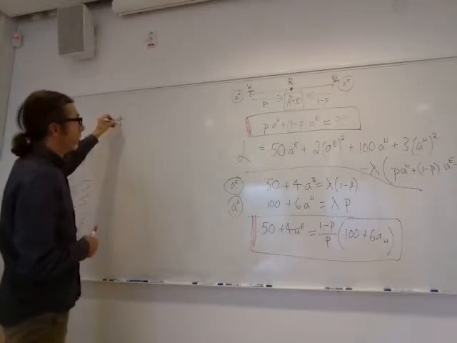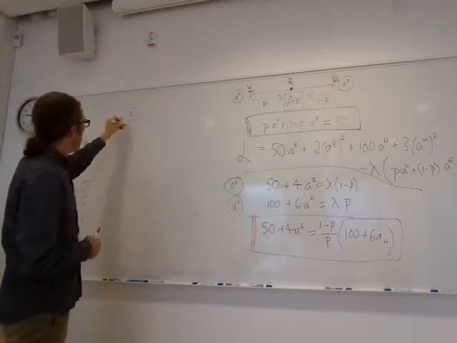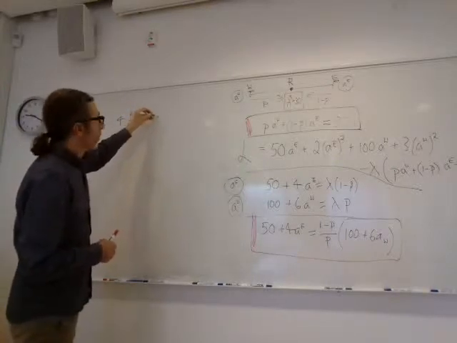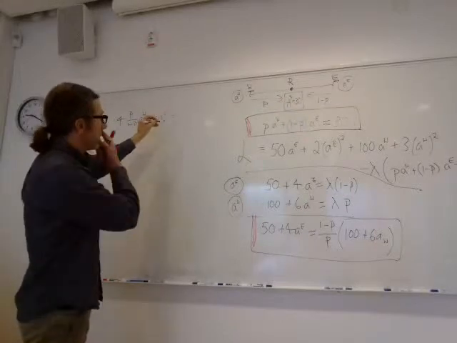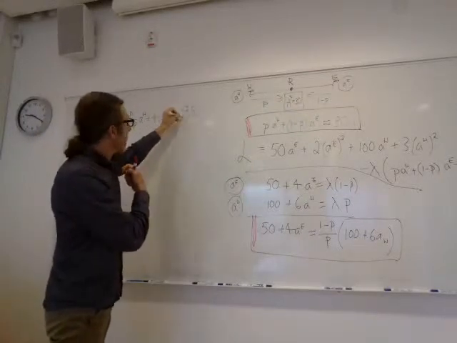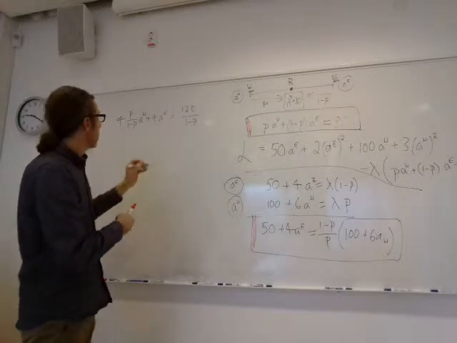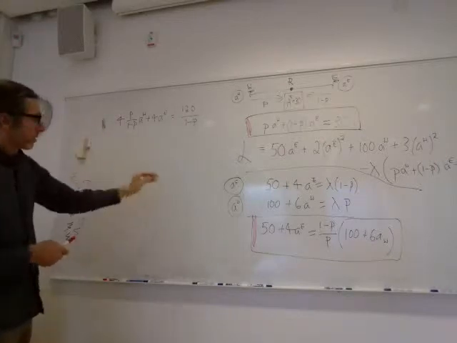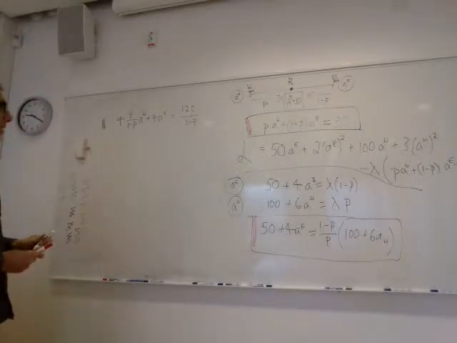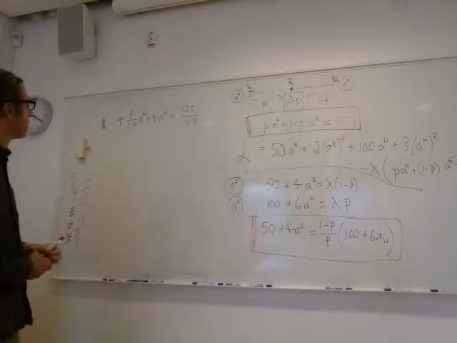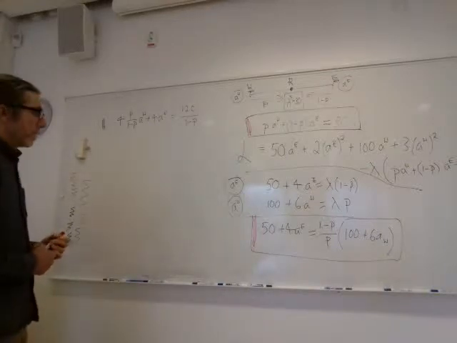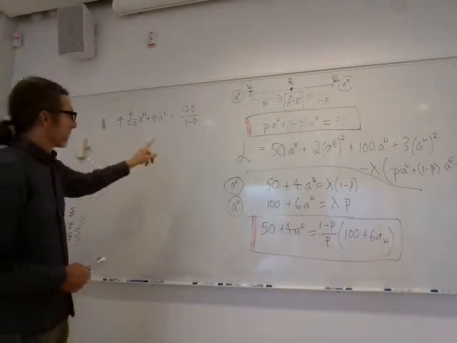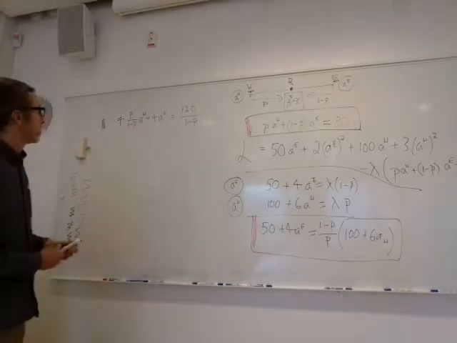So we've got 4P over 1 minus P AW plus 4 AE equals 120, 4 times 30 over 1 minus P. So now let's subtract this from this.